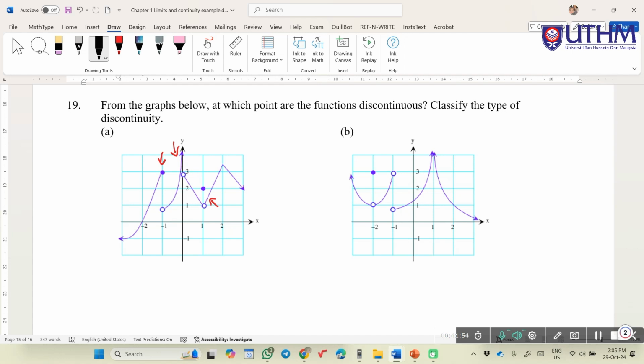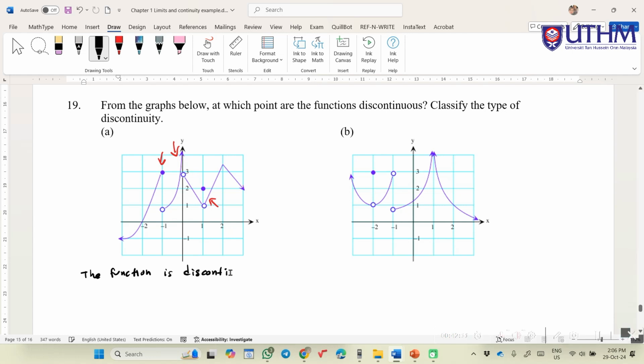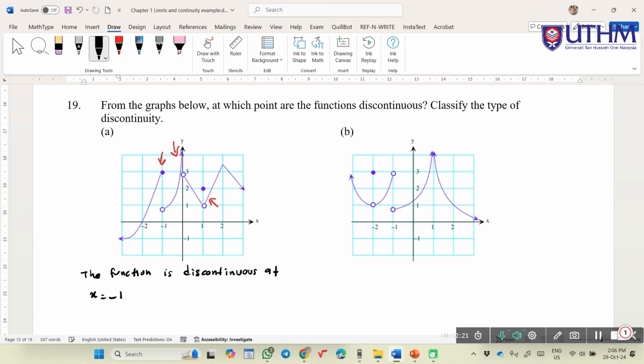We want the points where the function is discontinuous. For example A, the function is discontinuous at x equals negative 1. What is the type of the discontinuity? This is a jump discontinuity.